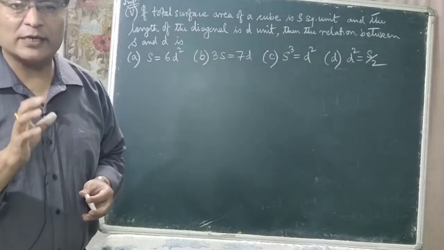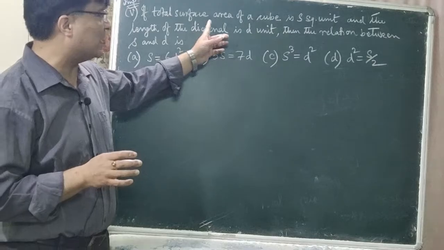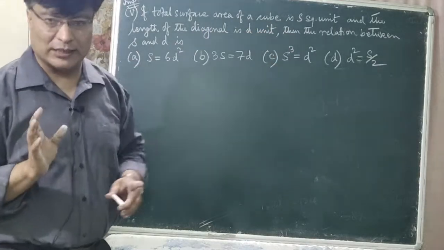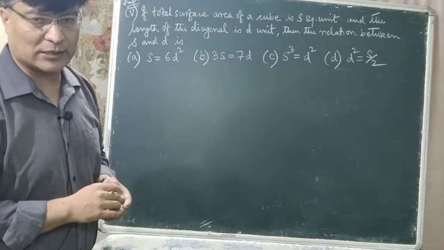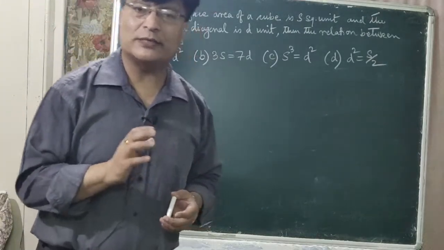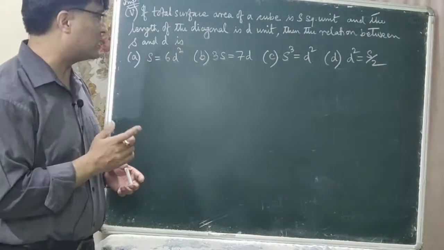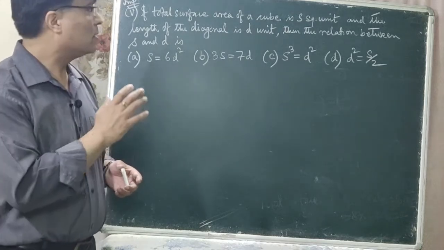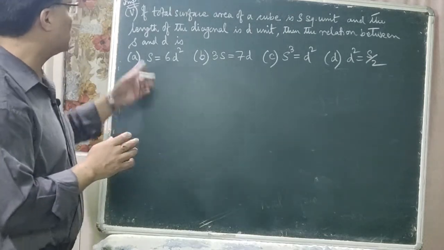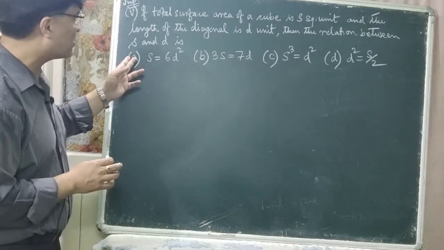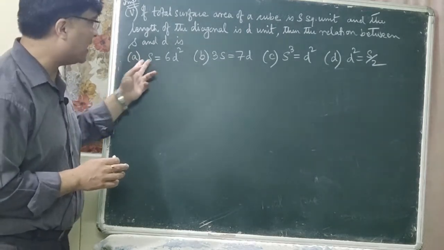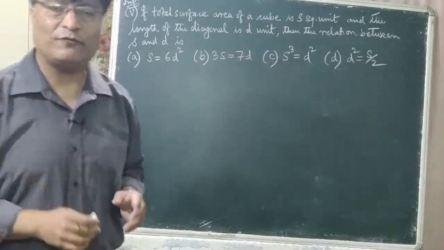So total surface area of the 6 surfaces is s square unit, and the length of the diagonal is d unit, right? So you have to find out the relation between s and d. Then the relation between s and d is, which is the correct option out here, whether it is a, b, c or d, you have to find it.